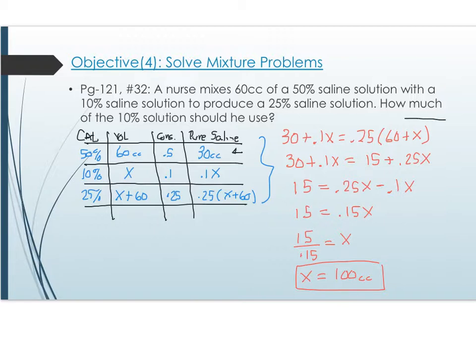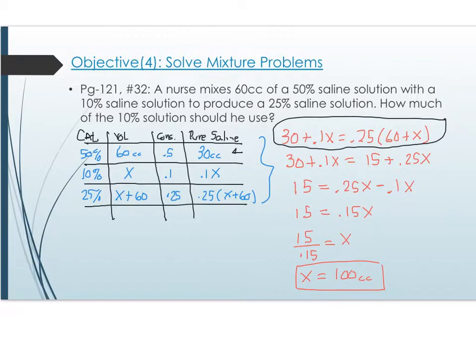So we get the following strategy in solving our problem. When we add the two solutions together, the 50% and the 10%, we get 30 plus 0.1x is equal to the total, 0.25 times (60 plus x).